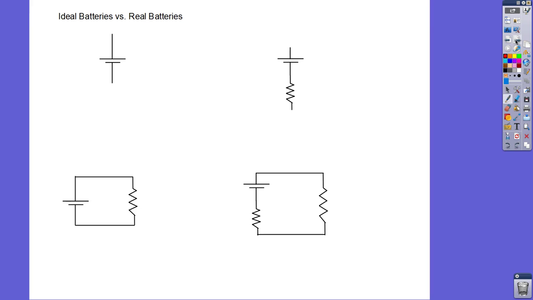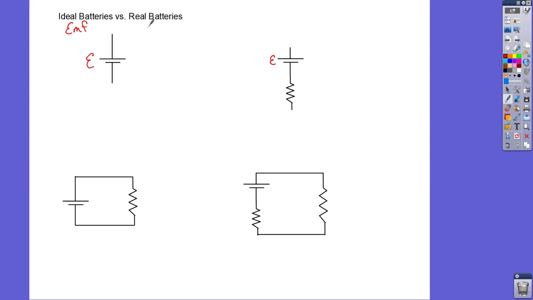Okay, so now let's talk a little bit about internal resistance and ideal batteries versus real batteries. So the two circuits we just did were ideal batteries. So an ideal battery has an EMF. A real battery has an EMF, but there's also a little bit of resistance. As current goes through the battery, it doesn't move without resistance.